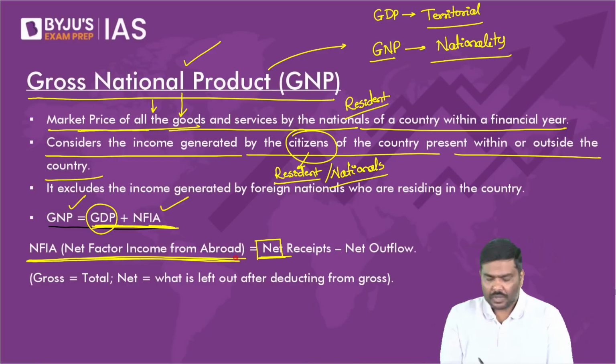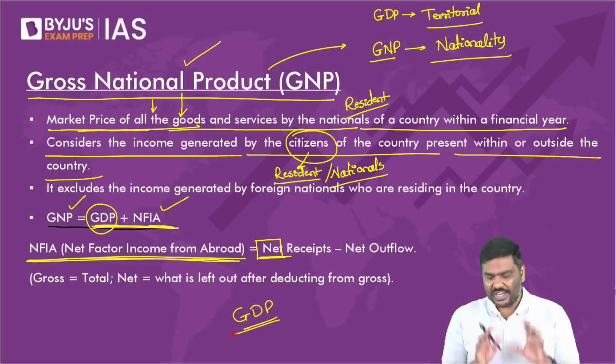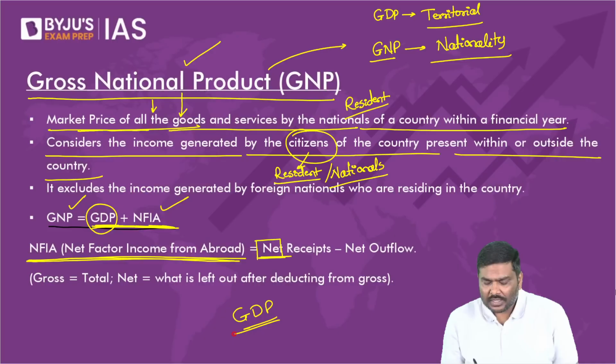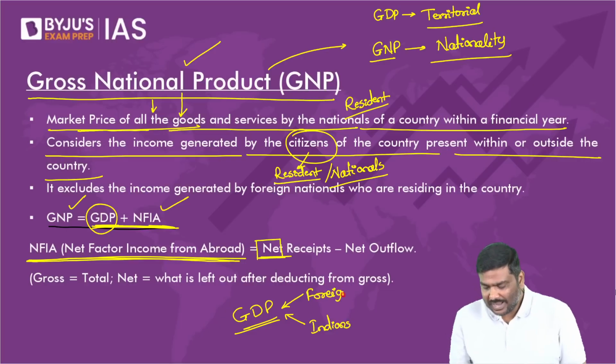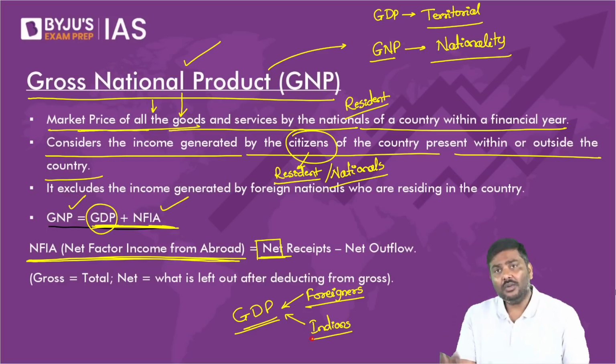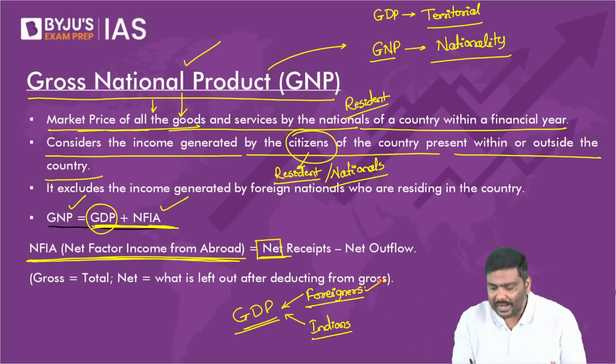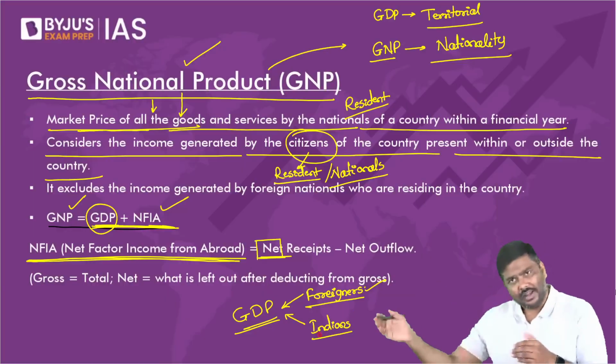Point number one, GDP. Understand this? I'll take a very simple example. GDP will include salaries earned by Indians who are working in India and foreigners who are working in India. When you calculate GDP, a foreigner working in India is included, and Indians who are working in India are included.